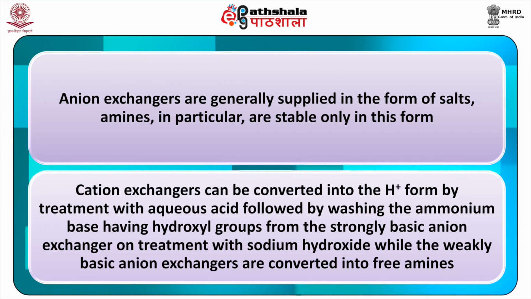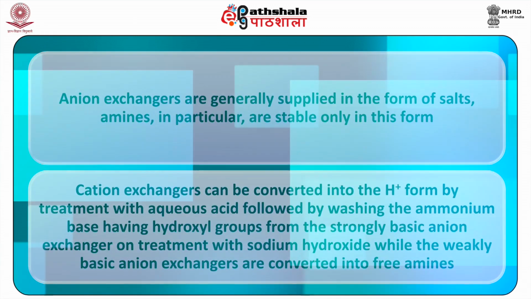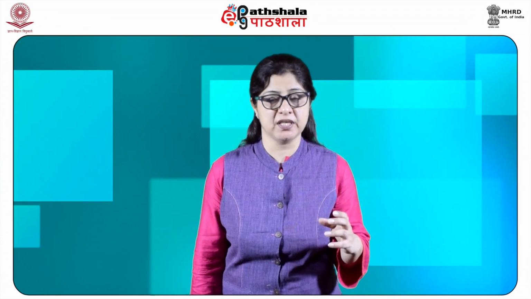The ammonium base having the hydroxyl groups is obtained from the strongly basic anion exchanger on treatment with sodium hydroxide, while the weakly basic anion exchangers are converted into free amines. Whatever the form in which the resin is to be used, it should always be submitted to the full cycle of charging and discharging before the use. Carrying out this step enhances its effective capacity.